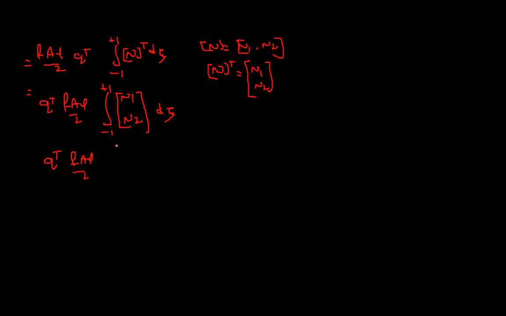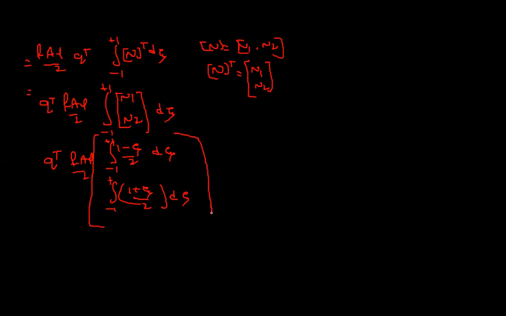So N1 can be written as (1 minus zeta) by 2 into d zeta, and we have to write the integral from -1 to +1. And again the next element would be from -1 to +1. It is called N2, that is (1 plus zeta) by 2 into d zeta. So this would be the body force term for a given one dimensional member.